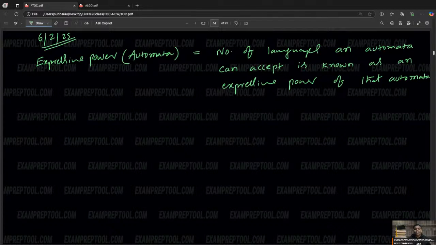Simply, take the expressive power of any human. It is nothing but the number of languages he can understand, the number of languages he can speak. Automata means machine, right? See this one, Turing machine, Turing automata. It is a machine.